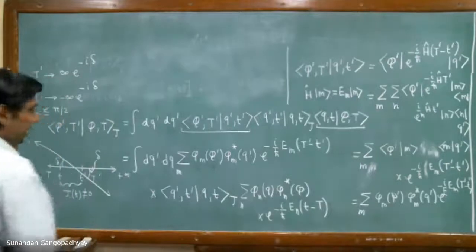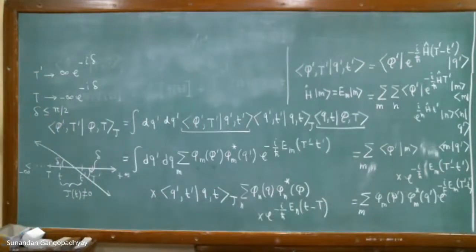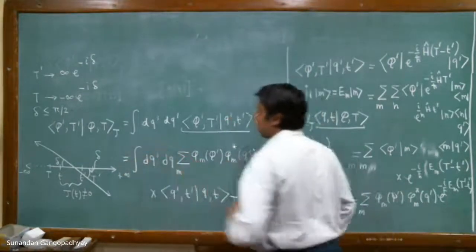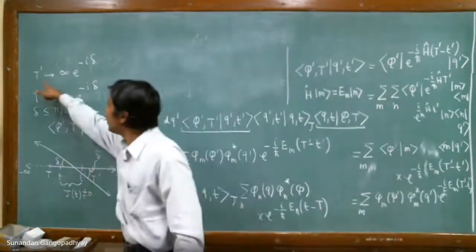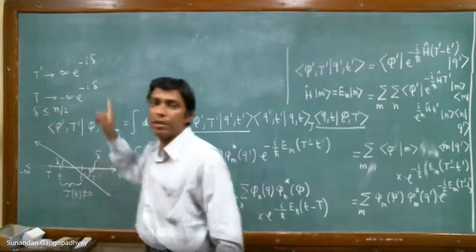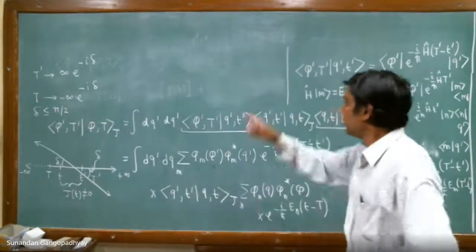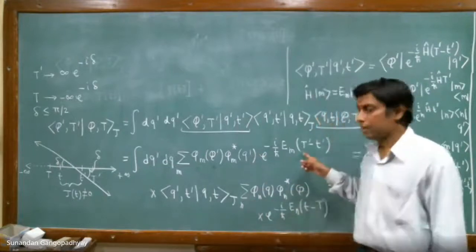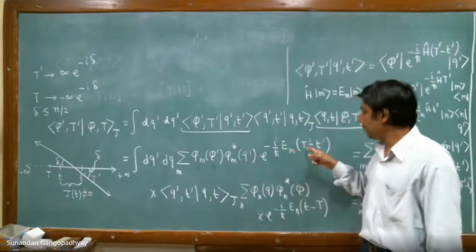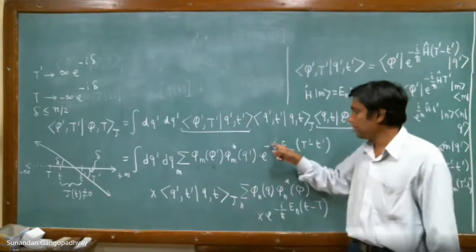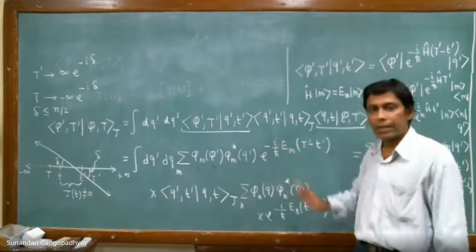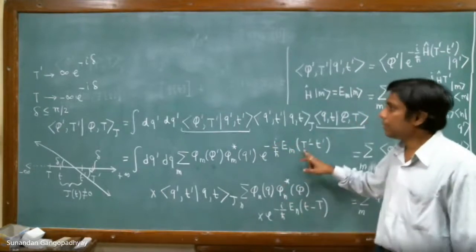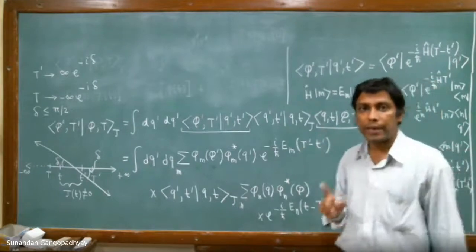So if you do that, you'll see the following. Look at this expression. Now we want to take this limit, t prime going to this and t going to this. Look at this expression first. See, this is En times capital T prime, and we have a minus i by h bar over here, but this minus i is important. So this capital T prime is infinity e to the power of minus i delta, right?